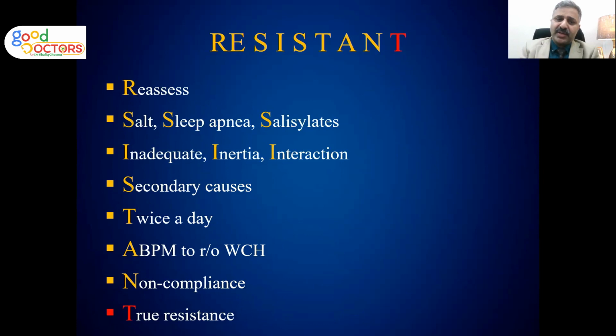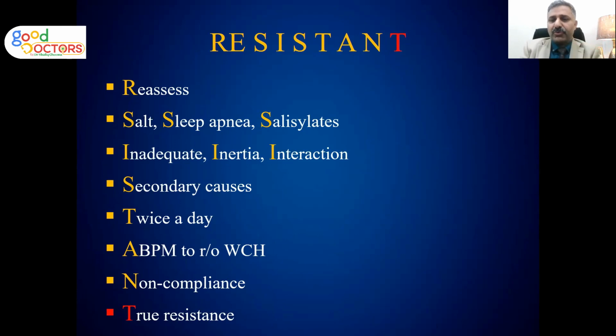But one easier way is, once you have difficult to control blood pressure and you have ruled out all these and you are giving 3-drug regimen, you could add a 4th agent. And studies have shown many times if you add medications like spironolactone, aldosterone receptor antagonist, it could significantly increase your chances of controlling the blood pressure.